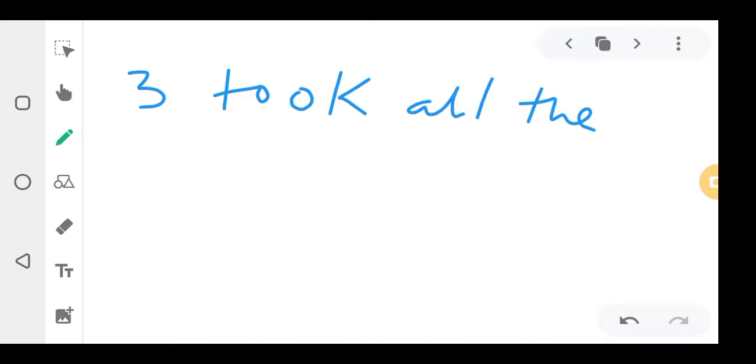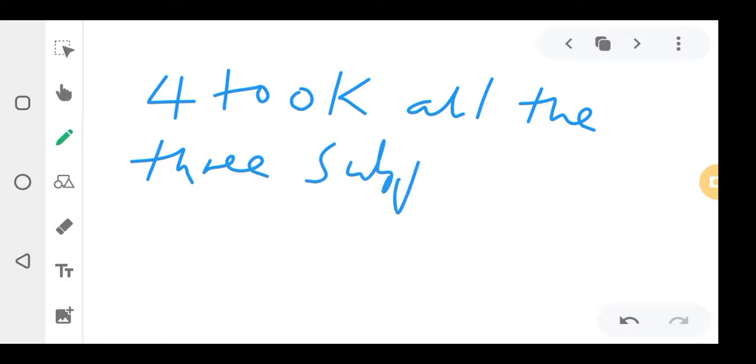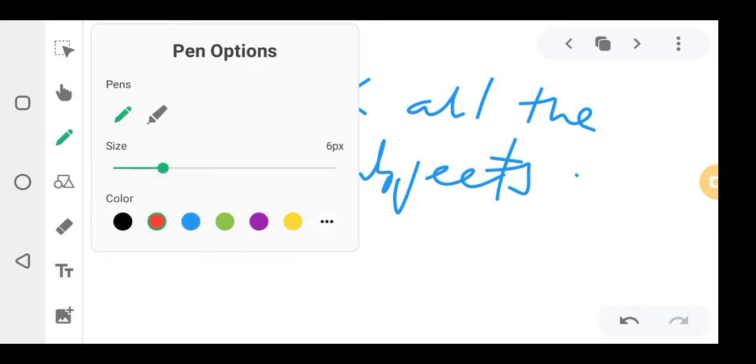I'll write the details, meaning you're supposed to fill in those details. 3 took, okay, let me not use 3, let me use 4. 4 took all the 3 subjects.